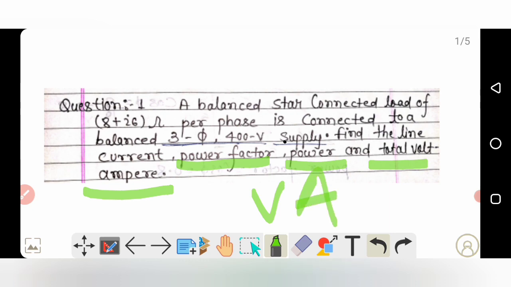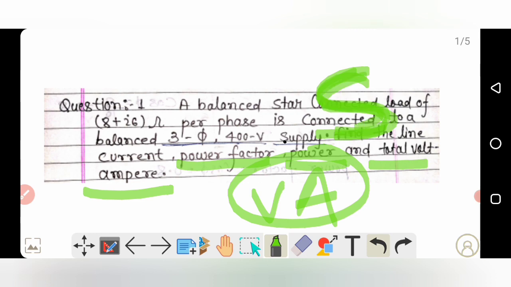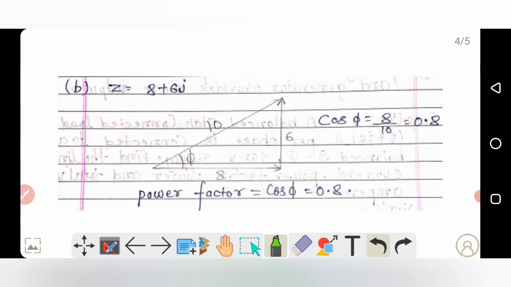My dear friends, VA, volt ampere, is the unit of S, the apparent power. So now we will proceed to calculate the power factor. This is the value of Z, where this one is the real part and this one is the imaginary part. The real part lies on the x-axis and the imaginary part on the y-axis, so we have noted here 8 and 6.